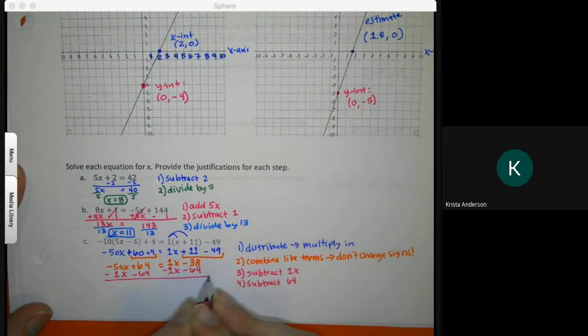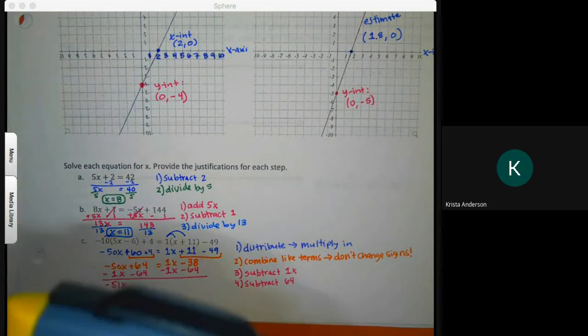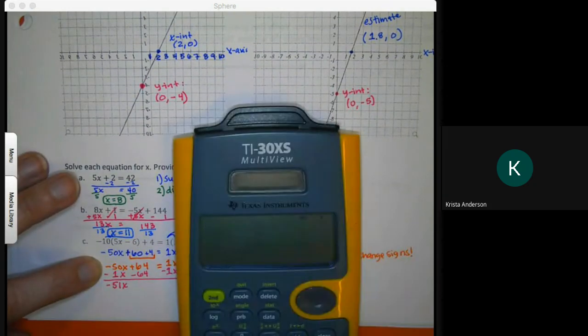That gives me negative 51x. And let me show you on the calculator again in case you really struggle with adding them up.